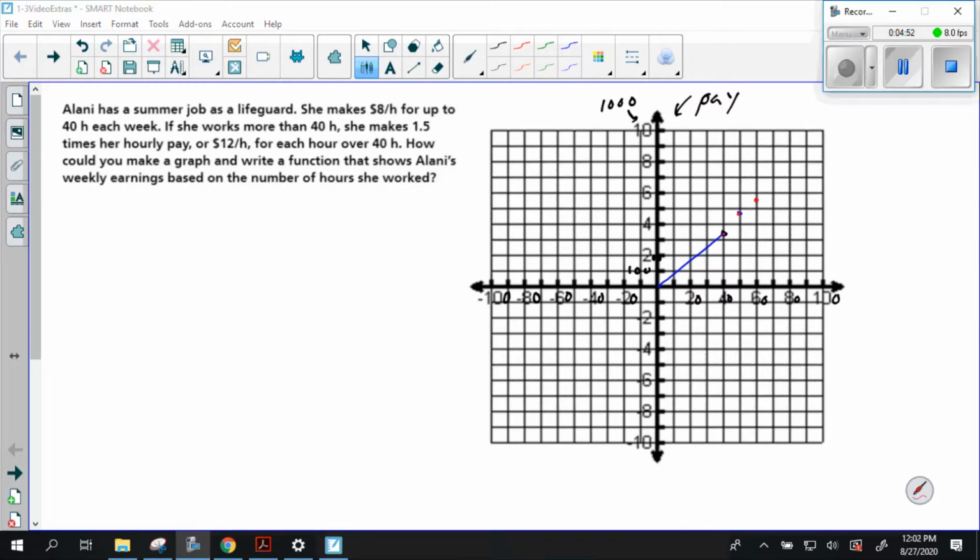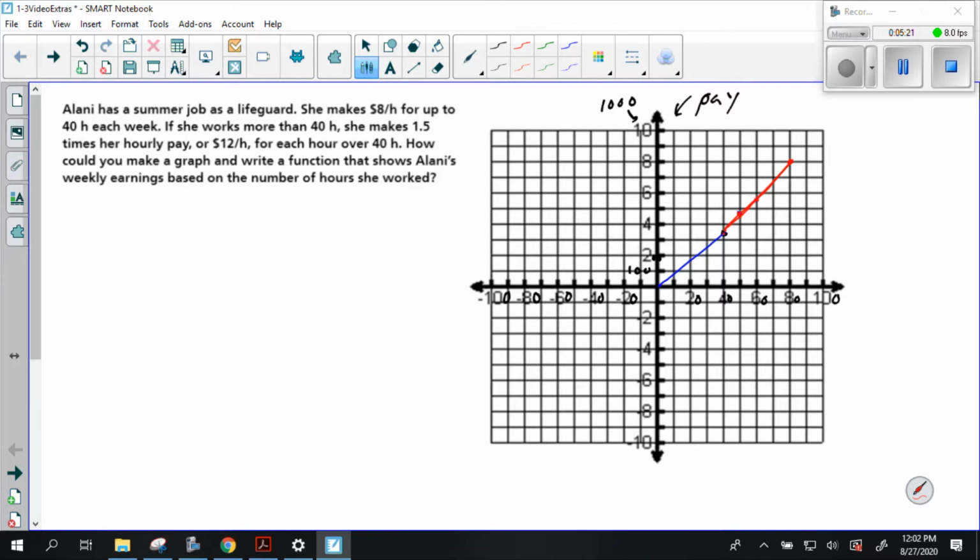And if she's worked now 80 hours, so that's going to be 40 hours over her overtime, right? Okay, so we're going to see that we're going to have a bit of a sharper line here. Not a lot, but a bit.